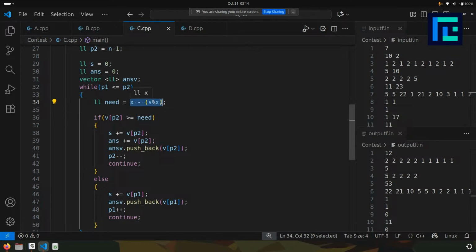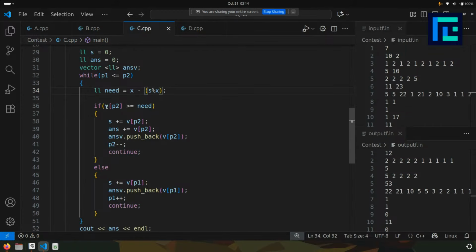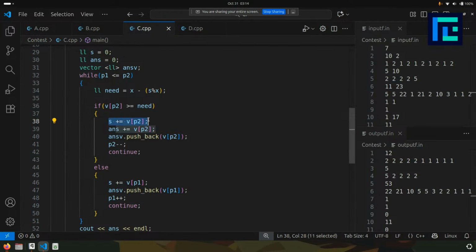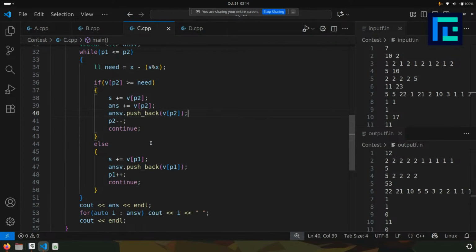So that is X minus the remainder. And if the large pointer is greater than or equal to need, then we can simply add that value to our score, and also add that value to our answer since we are progressing to the next level, and push back that price to our answer vector.